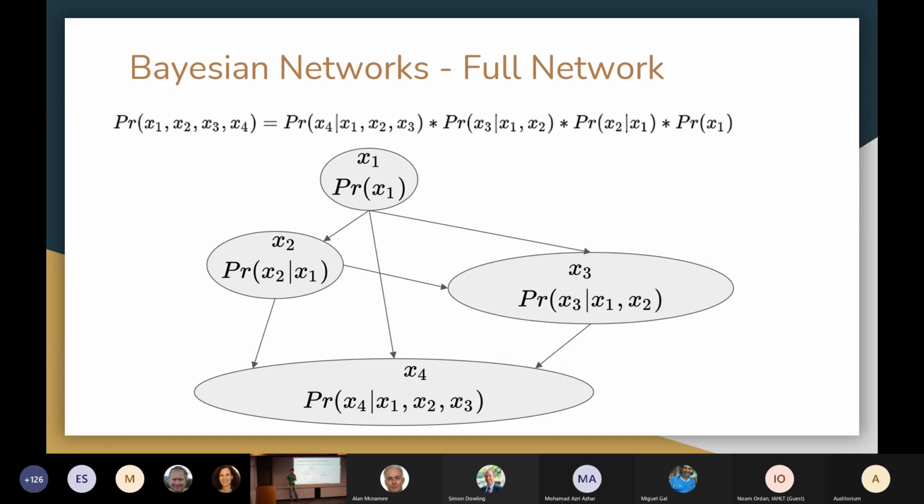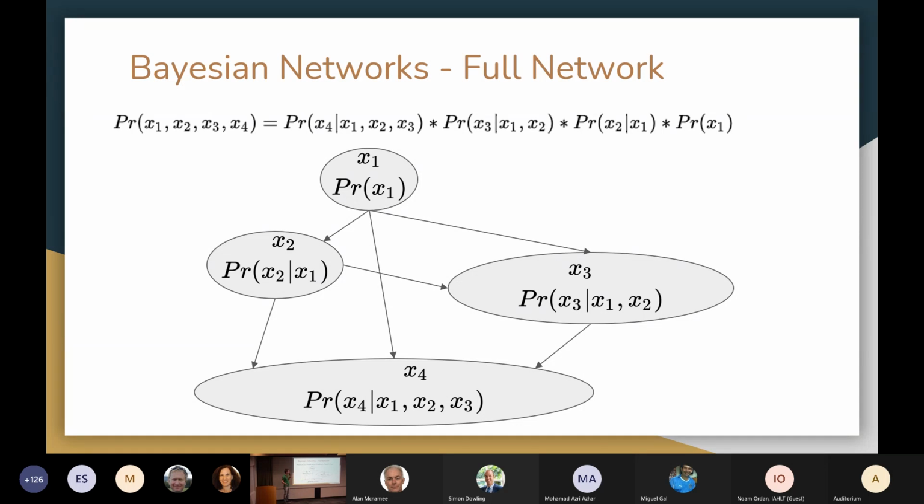They're all connected, and in this case, to calculate the probability for seeing specific values of x1, x2, x3, and x4, we could use Bayes' theorem, apply it a few times, and we get the probability for seeing x4 given x1, x2, x3, times the probability for seeing x3 given x1, x2, times the probability for seeing x2 given x1, times the probability for seeing x1 itself. So this would be our initial starting point, and this network is essentially a graphical representation of this formula.